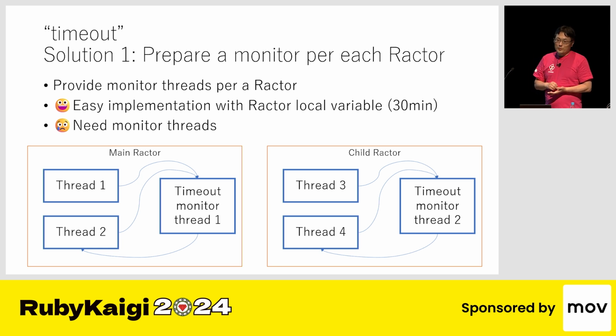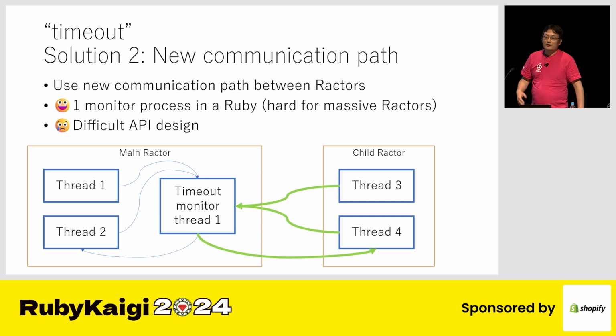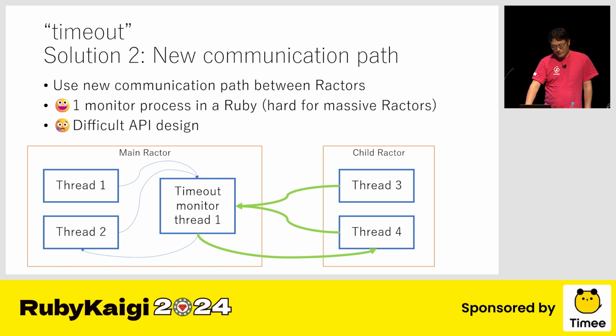However, if we have thousands of Ractors, then there can be thousands of timeout monitor threads. So it is not ideal. Another solution is to design new communication paths from the child Ractors to the main Ractor's timeout monitor thread. But right now it is difficult.